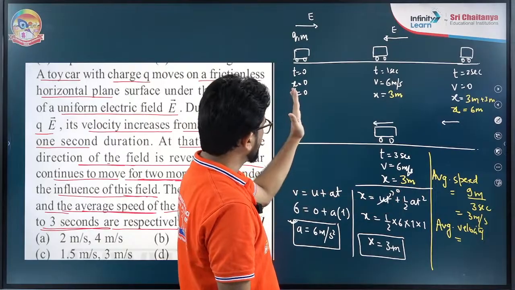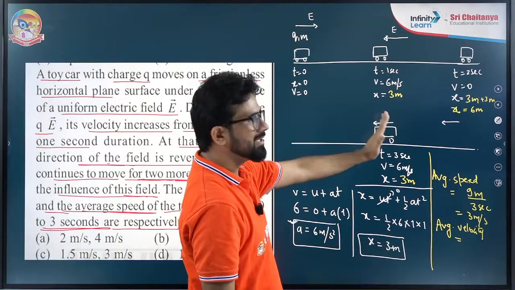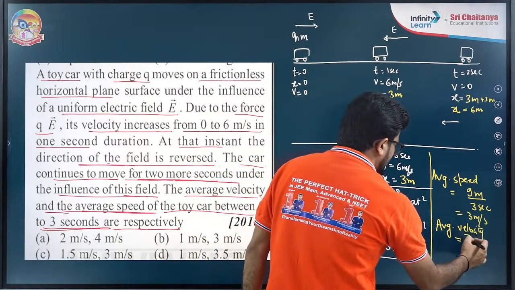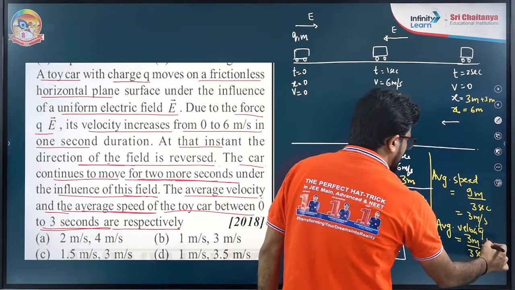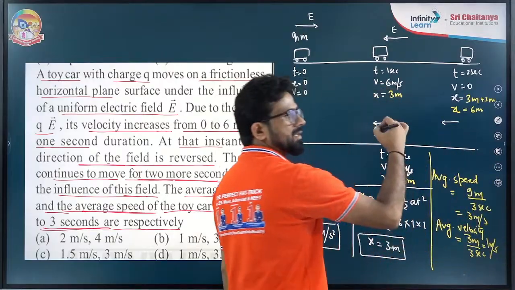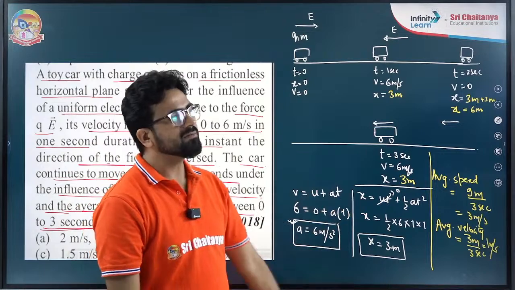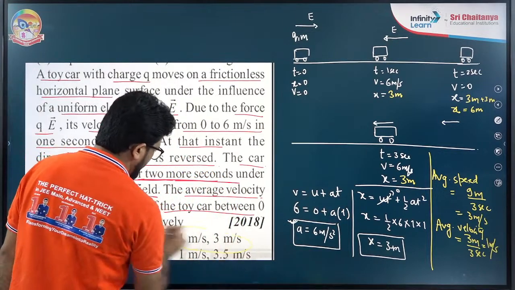So displacement is only 3 meter, and time is 3 second. So 3 meter divided by 3 second is 1 meter per second. That means average velocity is 1 meter per second, average speed is 3 meter per second. What is the correct answer? That would be the second option.